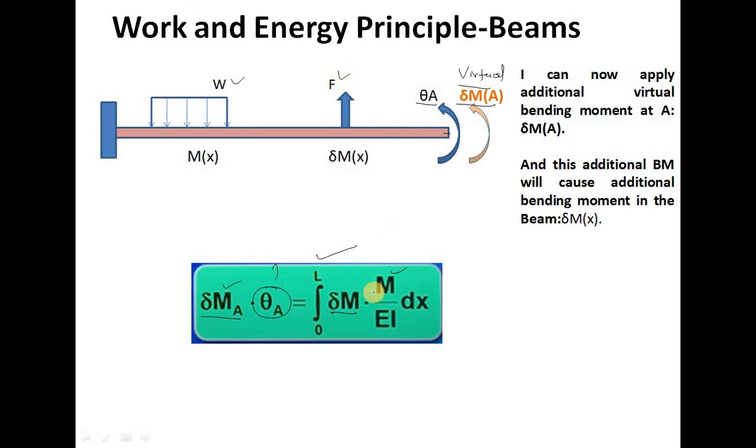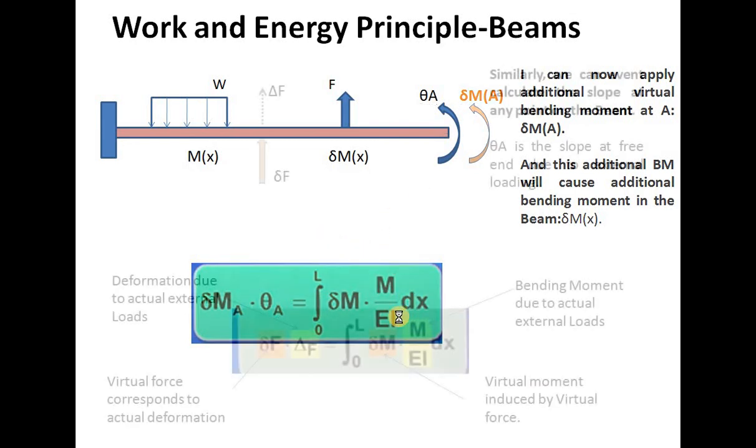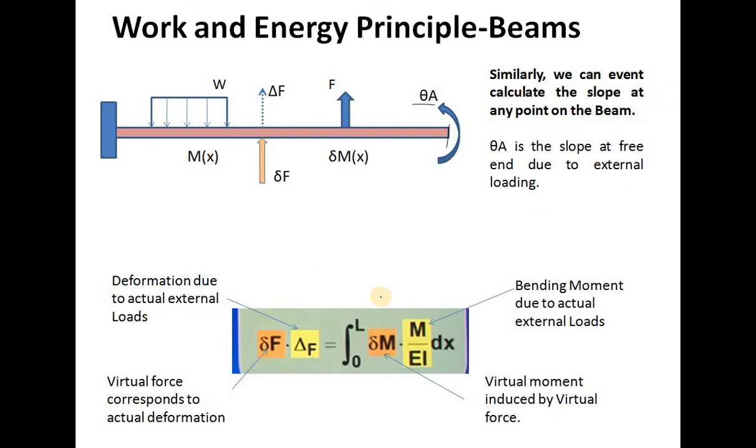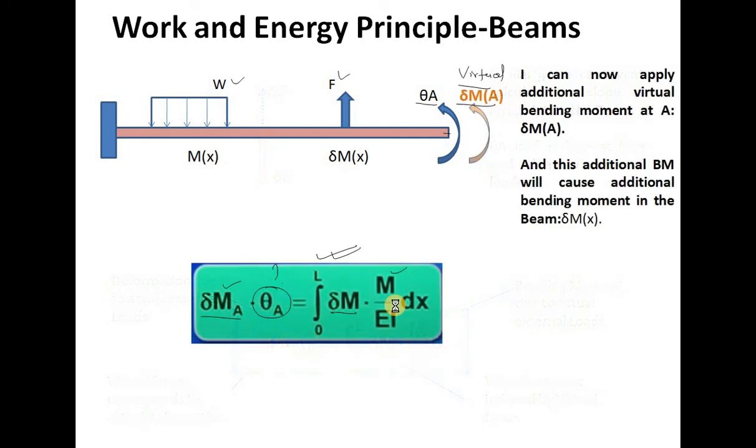So this is simple, we can modify that equation, and when we use this equation we can find the slope at any point on the beam, and the earlier equation will give you the deflection at any point on the beam.